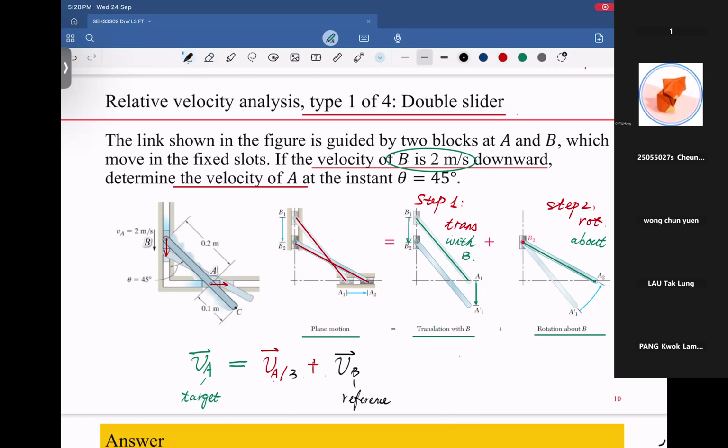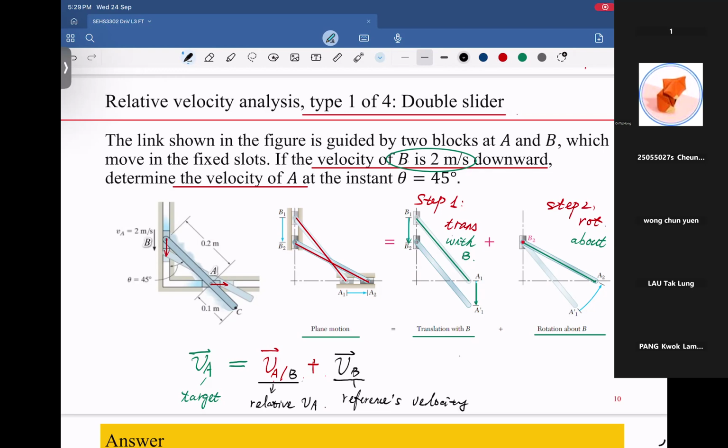So it is not the plain V_A, it is a relative V_A, V_A/B, plus the reference velocity. This is the relative V_A.